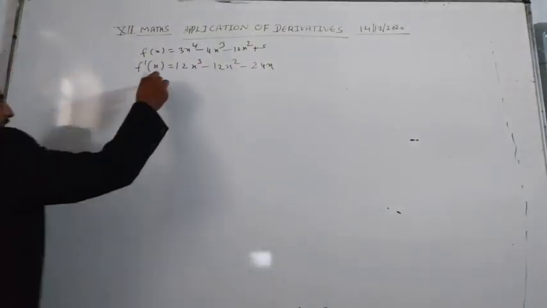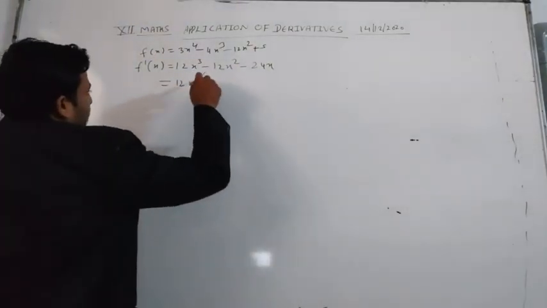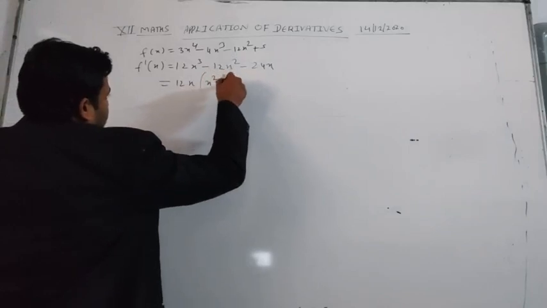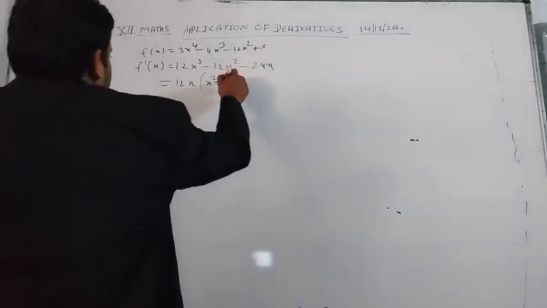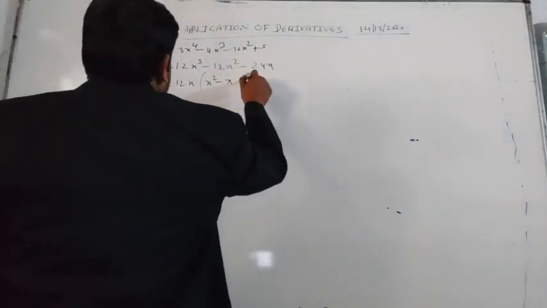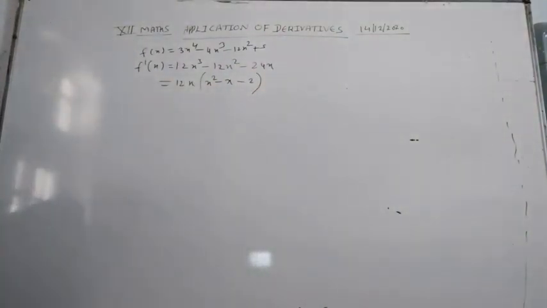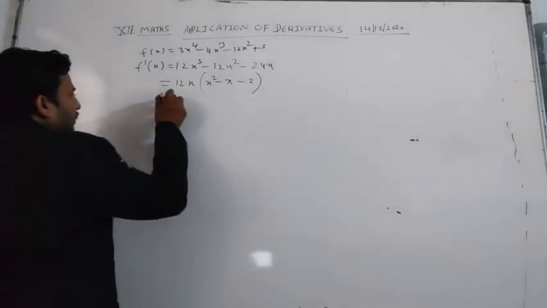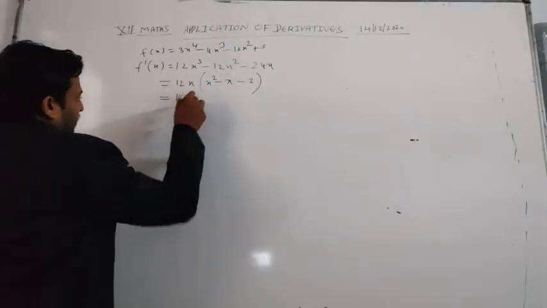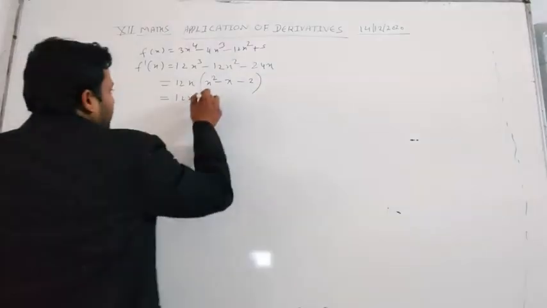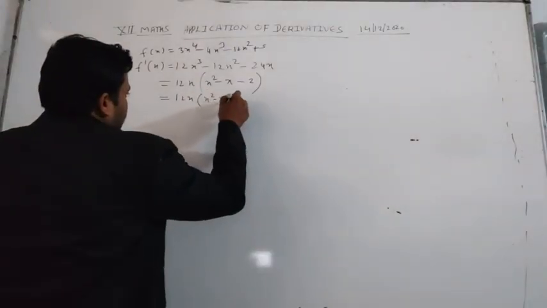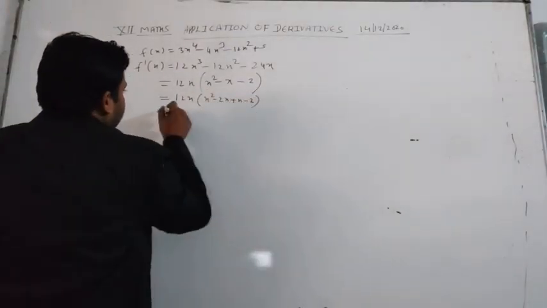Okay student, taking 12x common, we are getting x square minus x minus 2. Now first factorize it. We get x square minus 2x plus x minus 2.